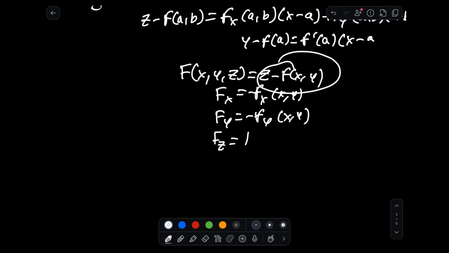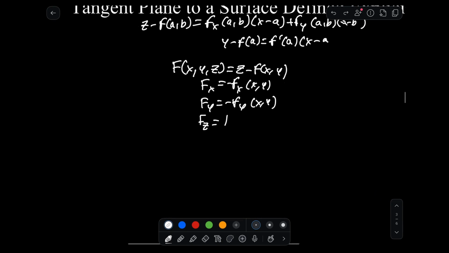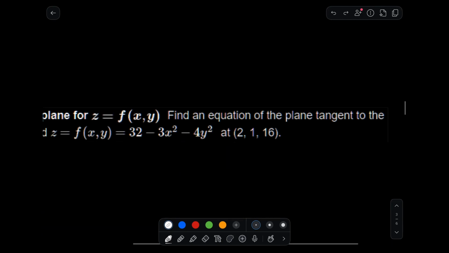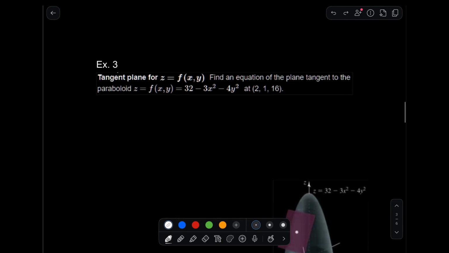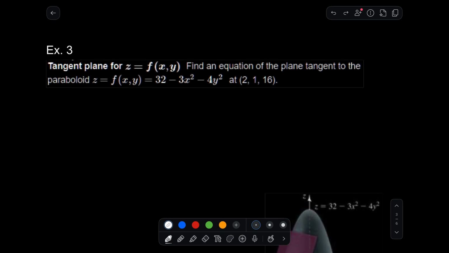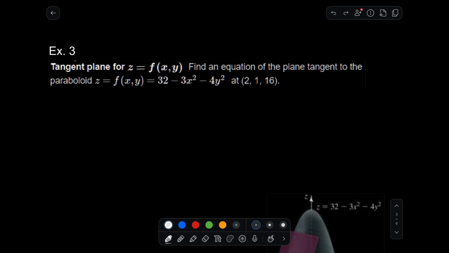This is just how you would convert it over to an explicitly defined curve. And looking at this example right here, I'll walk you through the first part of how to get from it being implicitly defined to explicitly defined.